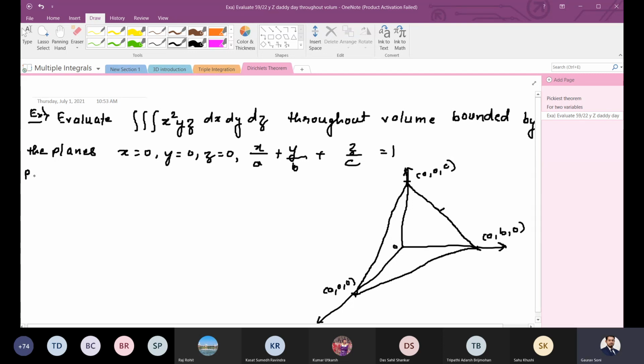So what can I do? What can we substitute so that the new variables will have addition less than 1? Very easy. I don't think it is that difficult.